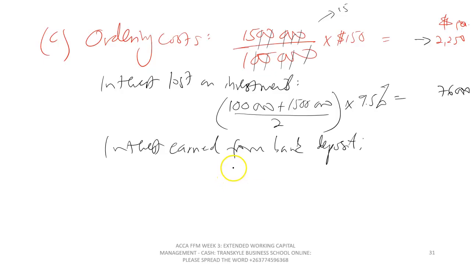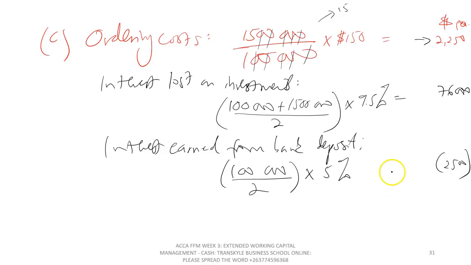Here we are only going to use the 100,000, so divided by 2, multiplied by 5%. So here we are going to have 50,000 multiplied by 5%. That is going to take us to $2.5 thousand.